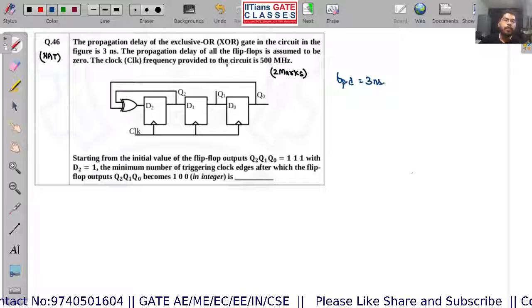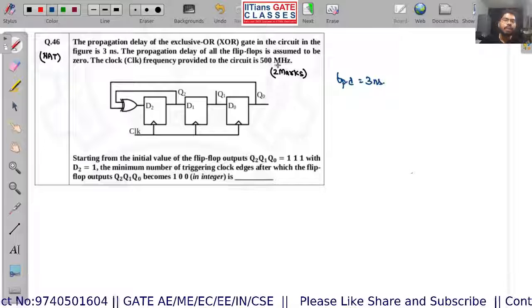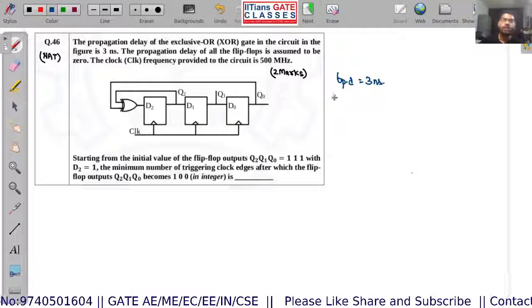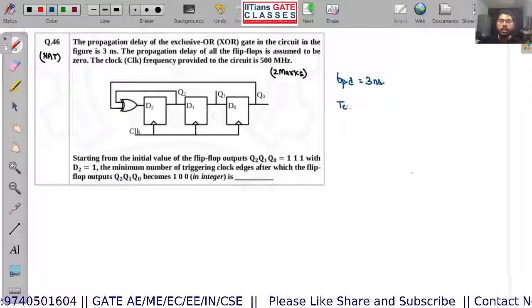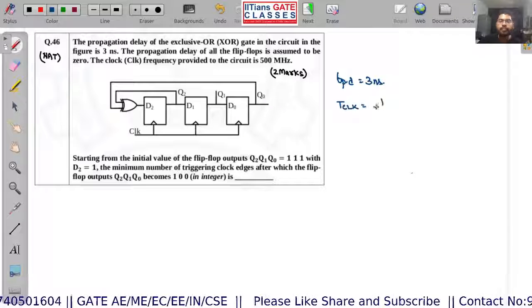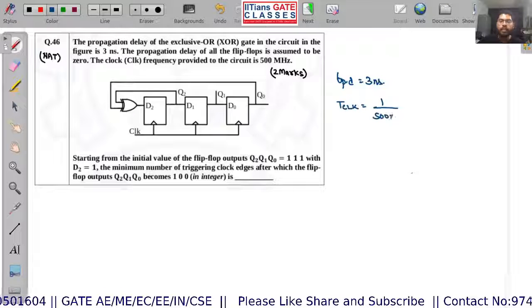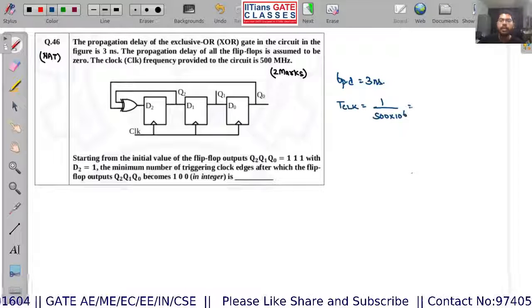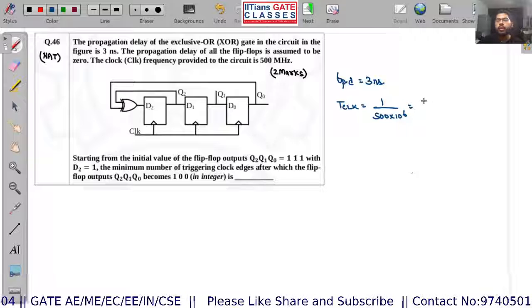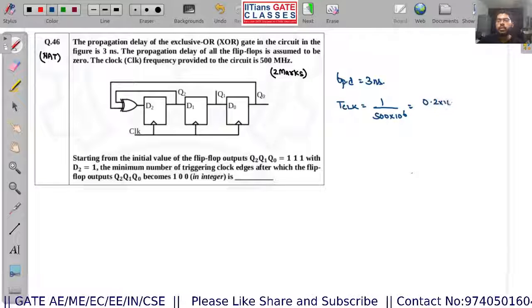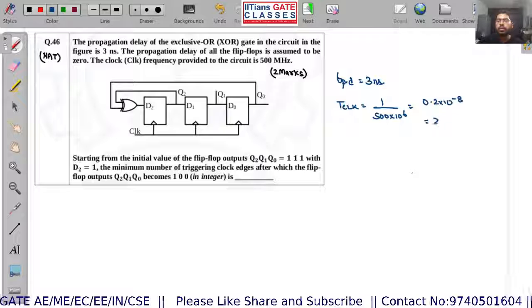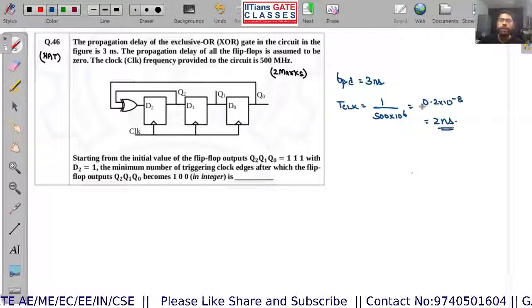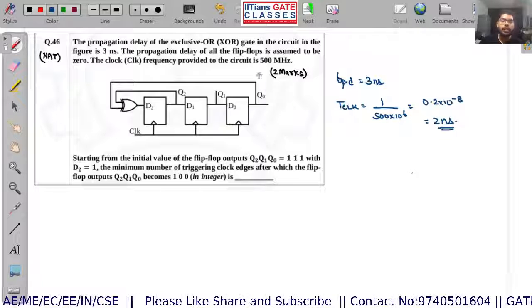The clock frequency provided to the circuit is 500 megahertz. So what is the time period of the clock? 1 by 500 into 10 to the power 6, which is 0.2 into 10 to the power minus 8, so 2 nanoseconds. The time period of the clock is 2 nanoseconds.